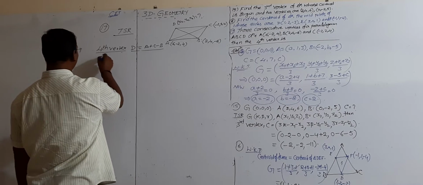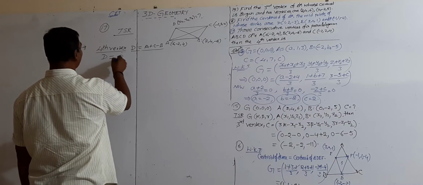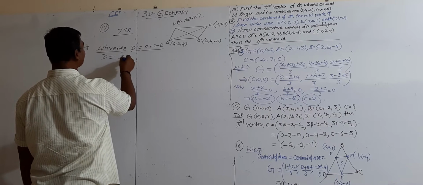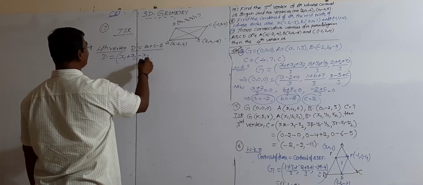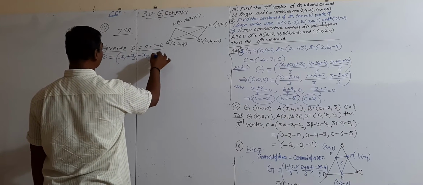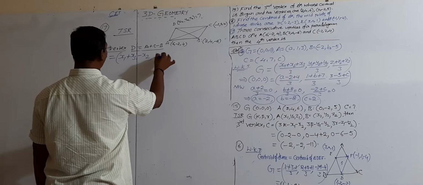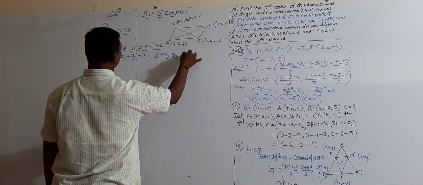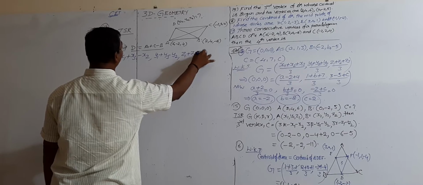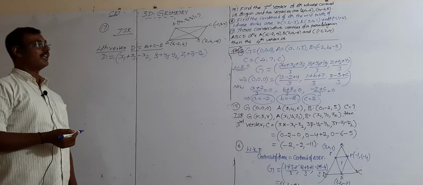This means D is x1 plus x3 minus x2. Similarly for the y and z coordinates: y1 plus y3 minus y2, z1 plus z3 minus z2. Clear?